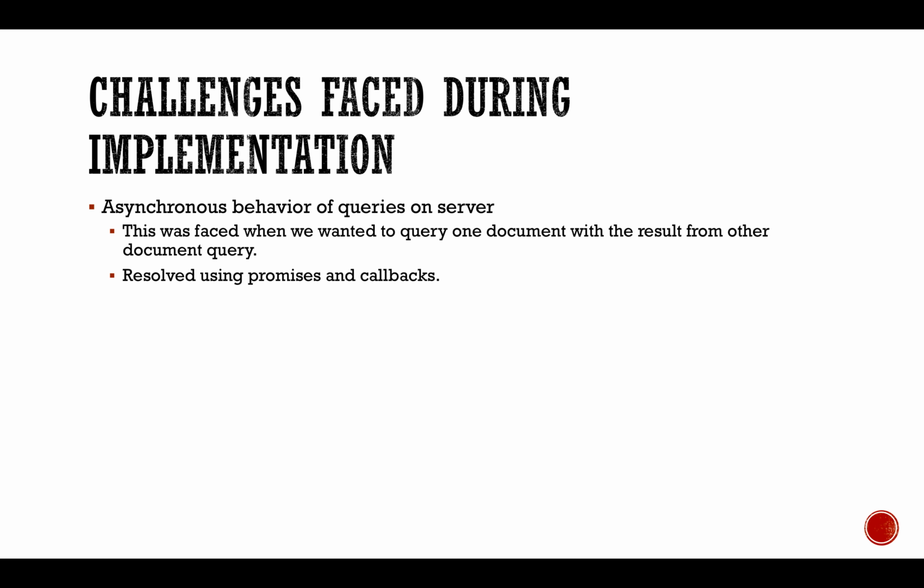From that device ID, we can link it to the Photon data schema. So it's usually a two-query process to get to the data that we want. We were able to resolve this problem using promises and callbacks.